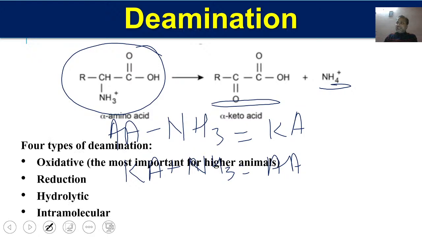Those deamination reactions can be oxidative, reductive, hydrolytic or intramolecular. We will talk about the details of deamination reactions in another lecture some other time. Just now, for every deamination reaction, for every amino acid, we require a specific deaminase enzyme. So when you remove ammonia from an amino acid, it will give you a keto acid.